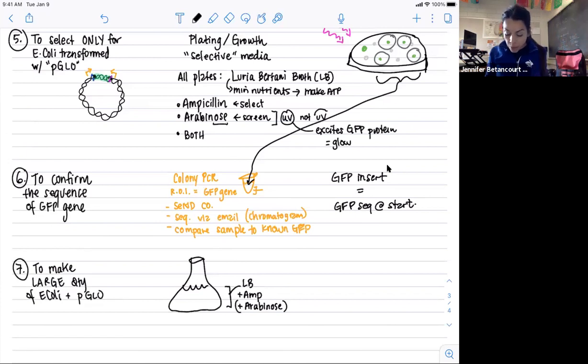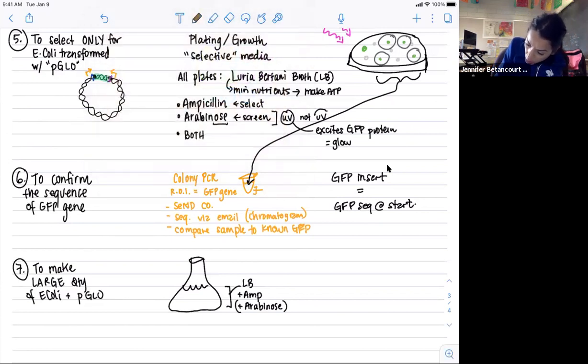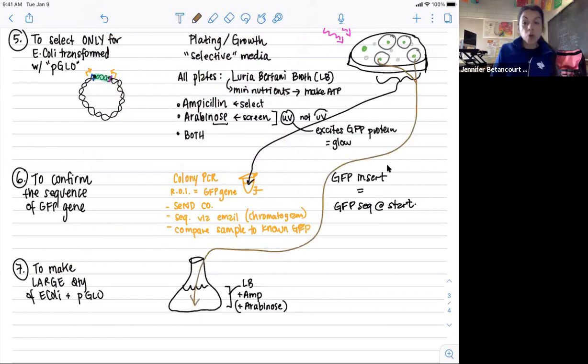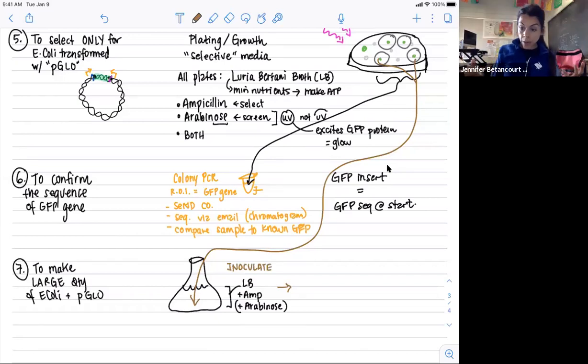So we'll put that in parentheses for now. I'm going to draw this in a different arrow color, how about brown. You take those same colonies, scrape them one more time, and this time you put them into a liquid culture. Then you let them grow overnight. To make a large quantity, it's called inoculate. Inoculate the confirmed colonies. You've confirmed them with PCR.